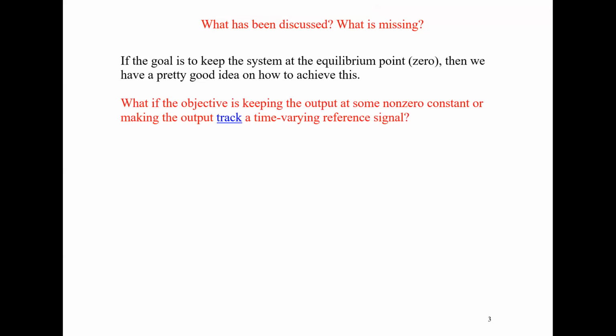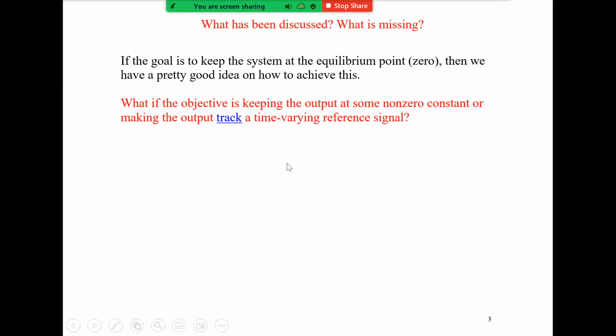So if the control objective is to keep the output at some non-zero constant, for example, in air conditioning, it depends upon different preferences. Some people like to set 26 degrees, and others may want 23 degrees. So you want to keep the output at different constants. That's what we call the regulation problem.